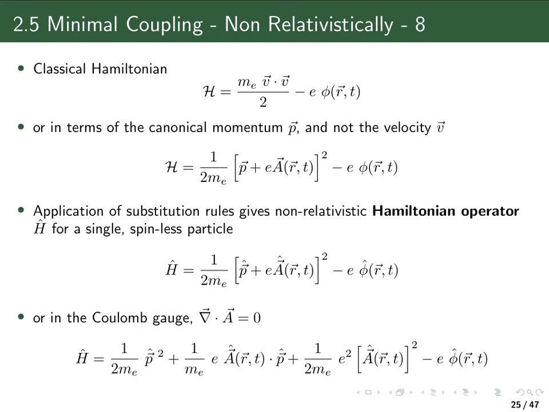If we do that, then we get 3 terms. We get the normal kinetic energy term, as we know it from the field-free Hamiltonian. We get the vector potential squared, and we get this term with the vector potential in scalar product with the canonical momentum operator. And then we have an extra term, which is the scalar potential.